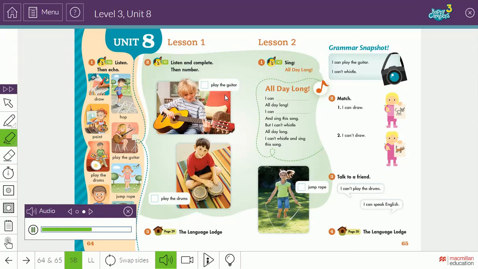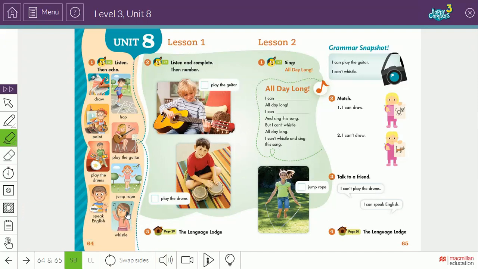But I can't whistle all day long. I can't whistle and sing this song. I can play, play, play all day long. I can play the drums and sing this song. But I can't whistle all day long. I can't whistle and sing this song.